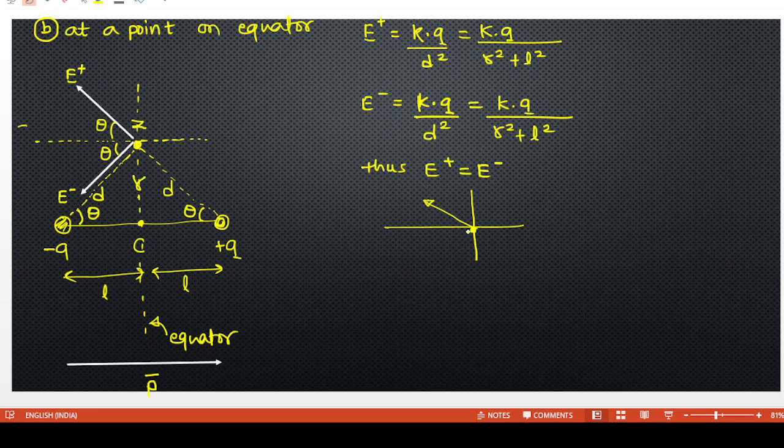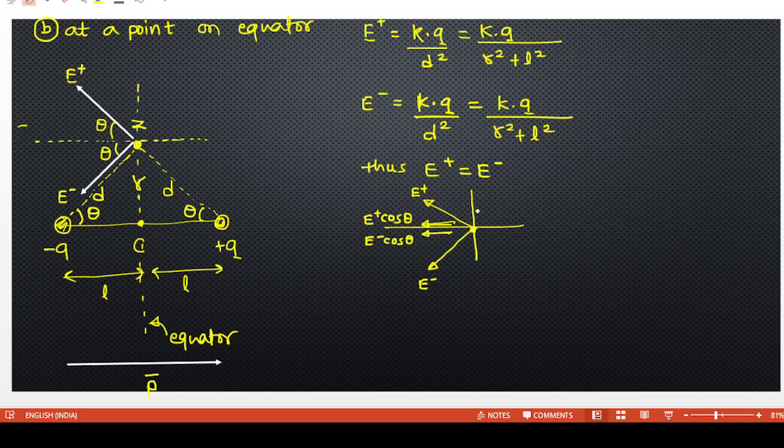This is E plus. This is E minus. Here you have two components. This is E plus cos theta, and this is E minus cos theta.